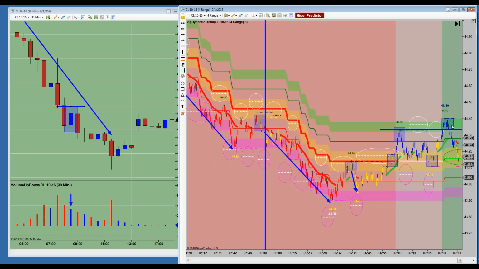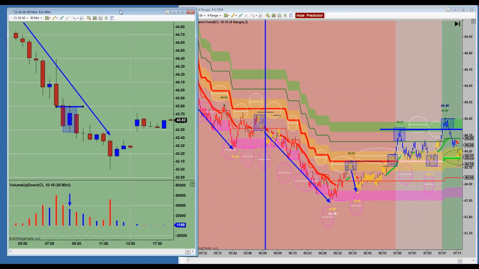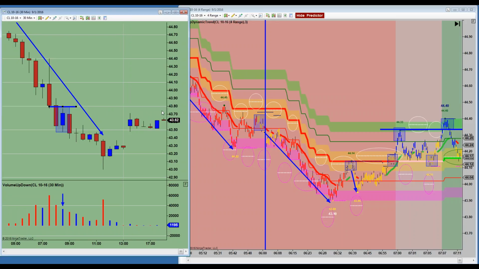I'm trying to reinforce your comfort level in the fact that as long as this 4380 level holds, you know, 4340, anywhere right up in here, as long as these resistance levels hold, the trend is still down and you're still trading the short side, no question about it, even though you have a slightly mixed candle there. That area right there is this area right here. So the trend is still down, even though you got a green background pop up here and you're rolling over from the mid-band, you're actually taking shorts here and you're covering at the mid-band.